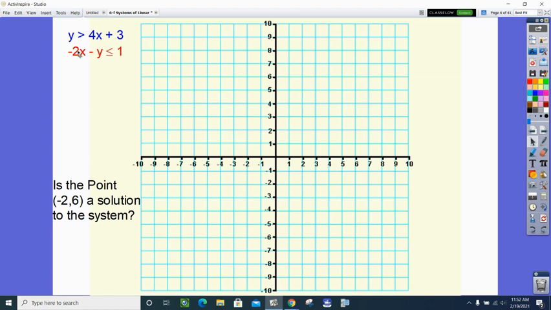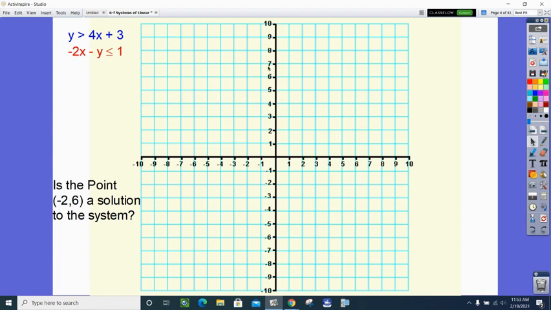Then you're going to graph the second inequality on top of it, again with a different color, or vertical lines, to see the intersection area of those two inequalities. Then we're going to ask the question: is the point (-2, 6) a solution to the system? The video is going to stop so that you can do both of these, and then I will come back and make sure that we are clear.